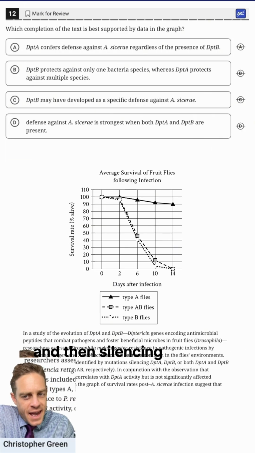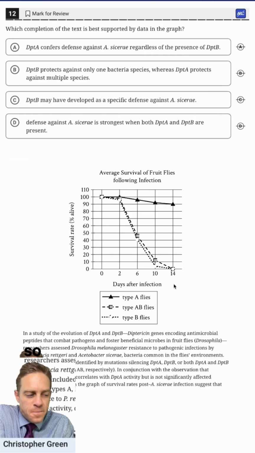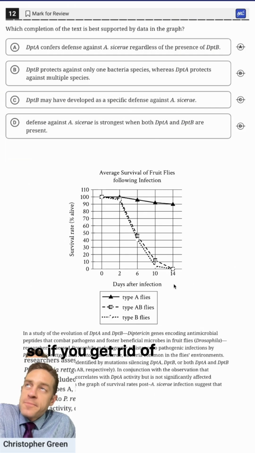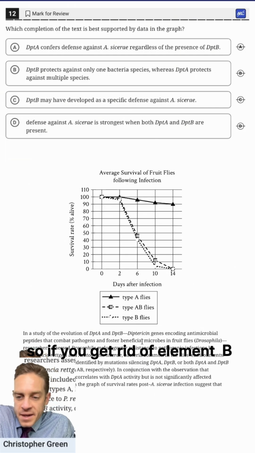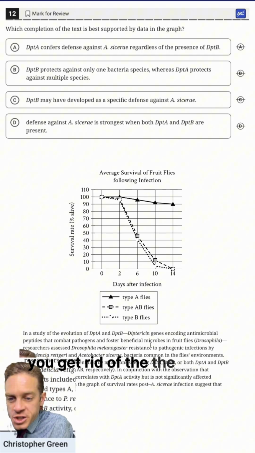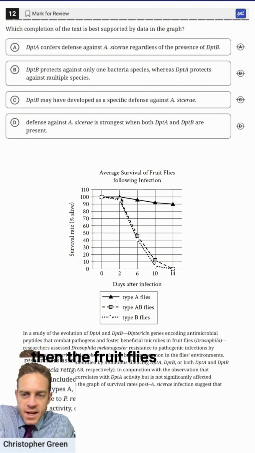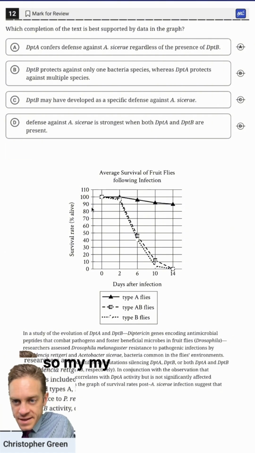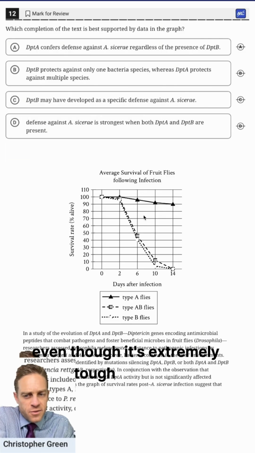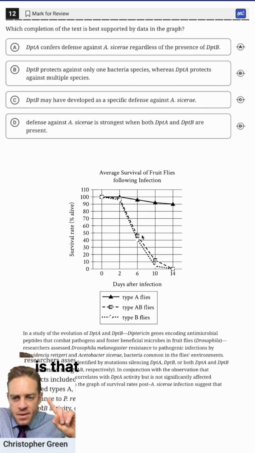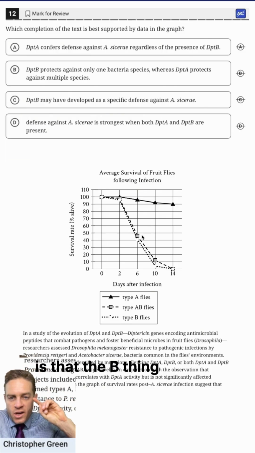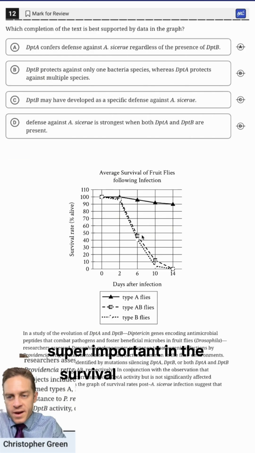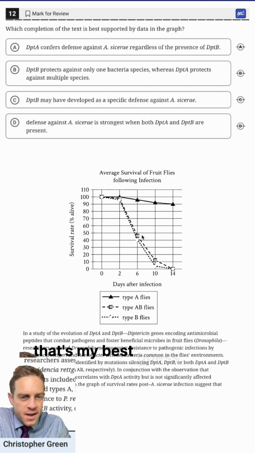And then silencing A and B also changes survival rate pretty much the same way. So if you get rid of gene B, then the fruit flies die from the infection. So my take from this, even though it's an extremely tough question, is that B is super important in the survival of the flies. That's my best guess as to how to do this.